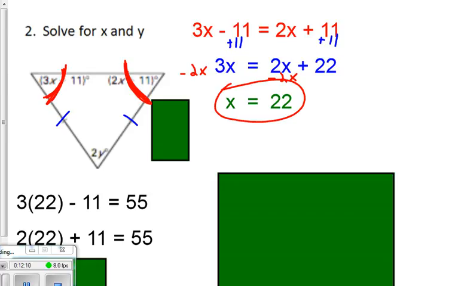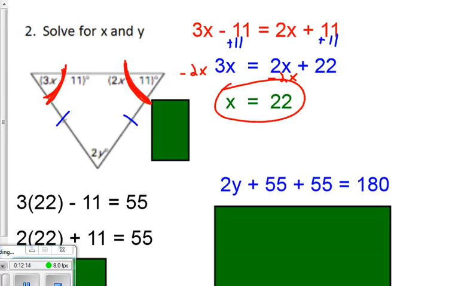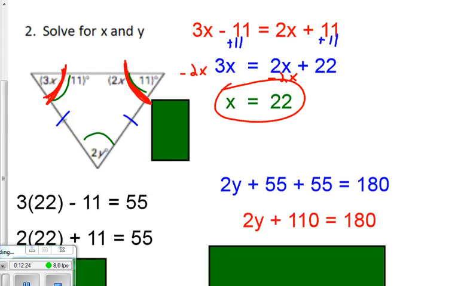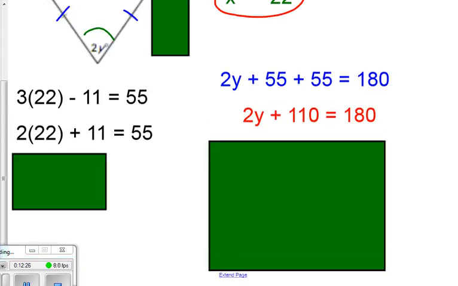So using that information then, we just set everything up, say 55 plus 55 plus 2y, or each of these angles. If we add them all up, we have to equal 180. Simplifying, we can just combine the 55s. That would be 110. So we have 2y plus 110 equals 180.